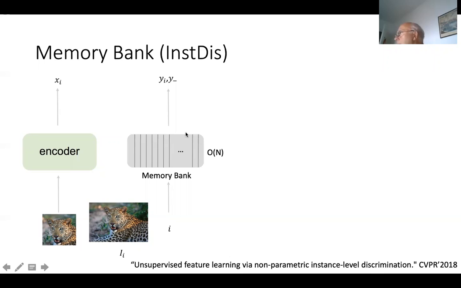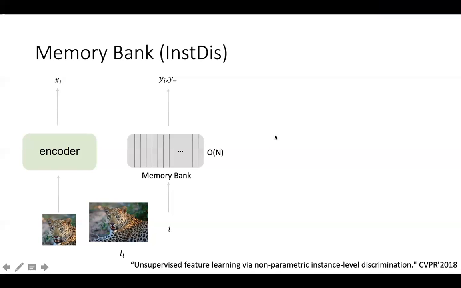Well, you can imagine that the most you can do is every epoch you compute the feature of the image x_i, and you push this x_i into the memory bank. But in that case, you will only update the memory bank once per epoch. In other words, the memory bank is updated very slowly, and the earliest item in the memory bank and the latest item in the memory bank can have very different distributions.